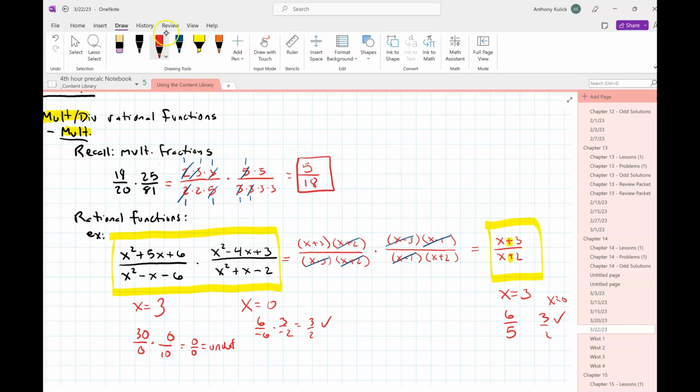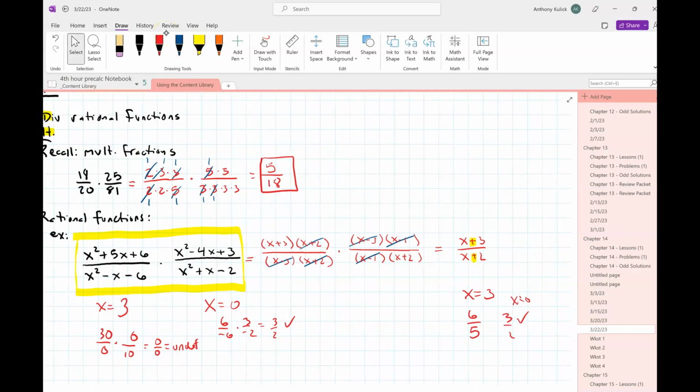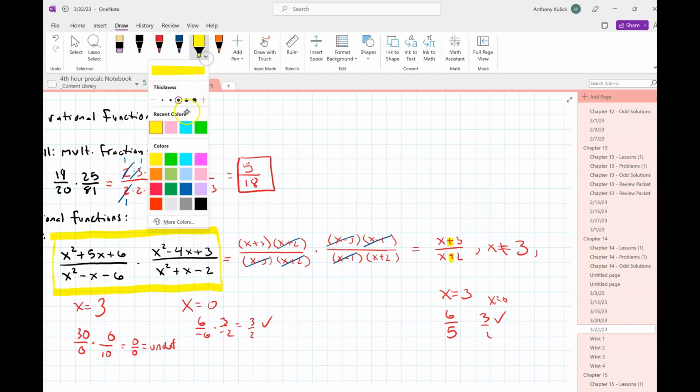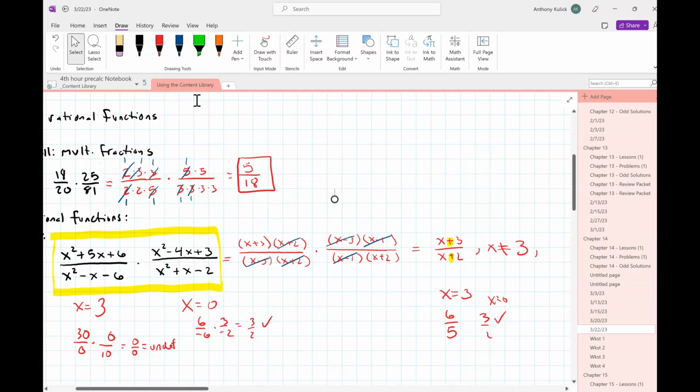So the way we're going to complete this is we're going to list those values of x that didn't work. Mr. Kulik found one of them for you with a 3. How are we going to find the other values of x that don't work? Well, it's really easy.